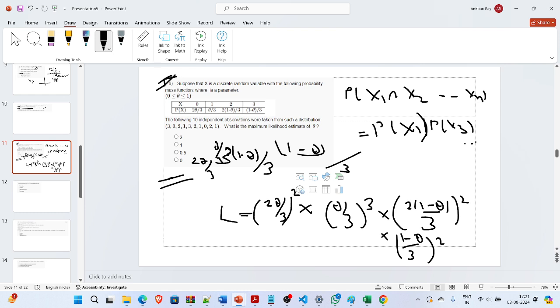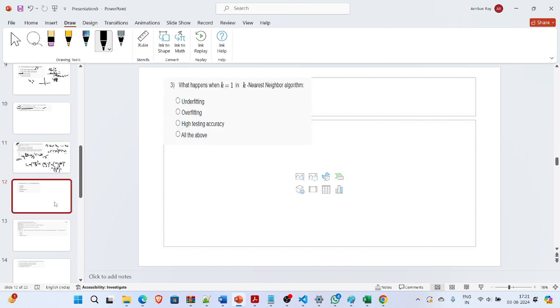Okay, so let's move on to this question. This is a very simple problem as well. When k is 1, what we are having is a bias, bias for one nearest neighbor. How can we be so sure that one nearest neighbor is enough? A doubtful person will take more neighbors to estimate the class.